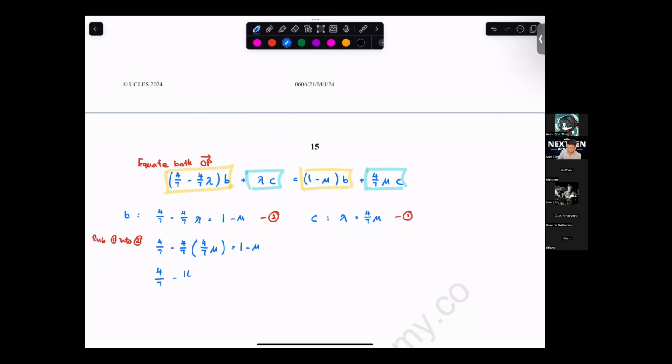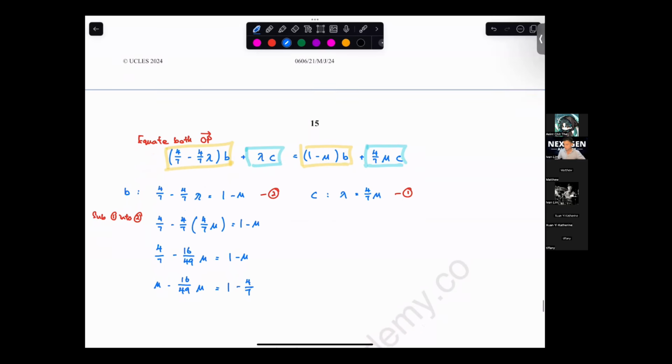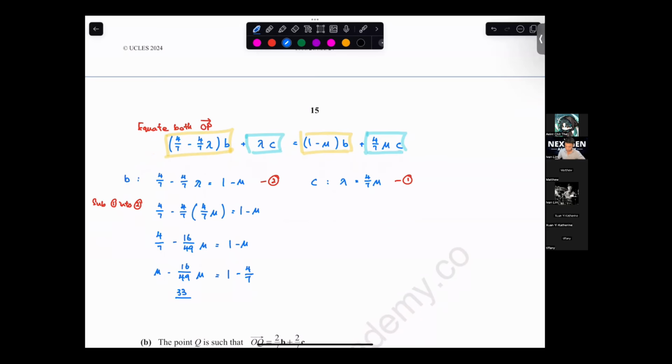Expand the bracket. 16 over 49 mu equals 1 minus mu. Okay, rearrange it. Mu minus 16 over 49 mu equals 1 minus 4 over 7. 33 over 49 mu equals 3 over 7. Mu will be equal to 7 over 11.